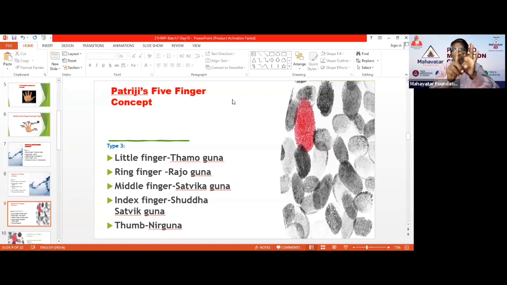Beyond all these things, when you achieve suddha sattvika guna, continued meditation brings you to the state called nirguna. What is nirguna? There is no guna at all. All the gunas you have overcome, you have won over.